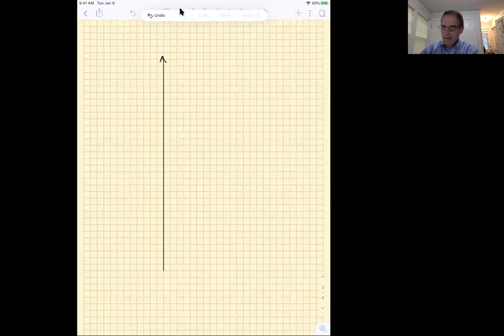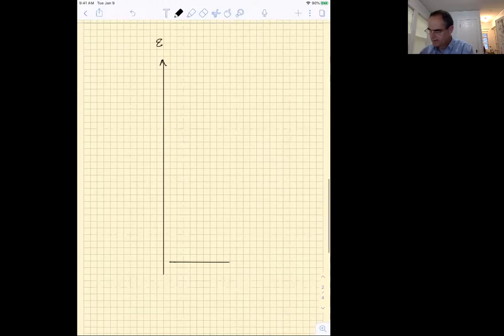Okay, let's draw a diagram showing the kind of transitions that we'll observe. And this ends up looking a little complicated, but if you understand this diagram, then you'll understand the analysis of the experiment we're going to do. Okay? So remember, we're going to start from states in which nu is equal to 0. Okay?